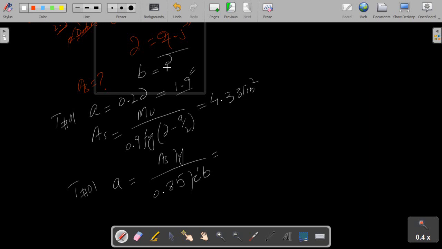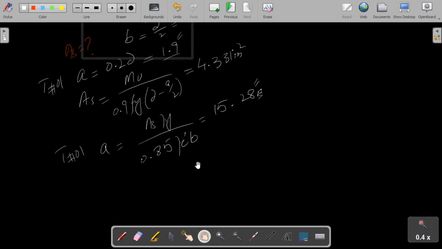Let's say this is D divided by 2, and I divide this, let's say my B is 5 inch. So B here will be 5 inch, so it will give me 15.28 square inches. So here we can see A is not coinciding with this value.